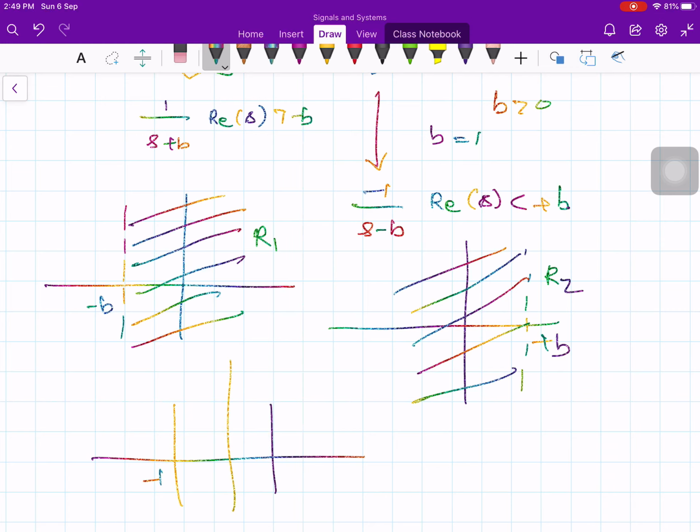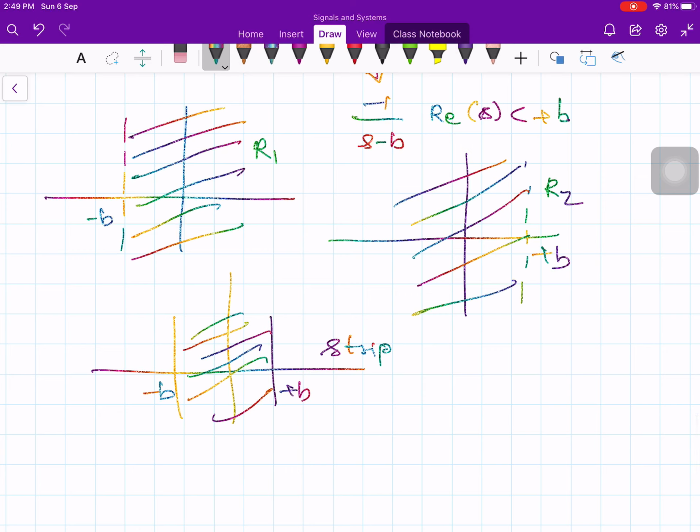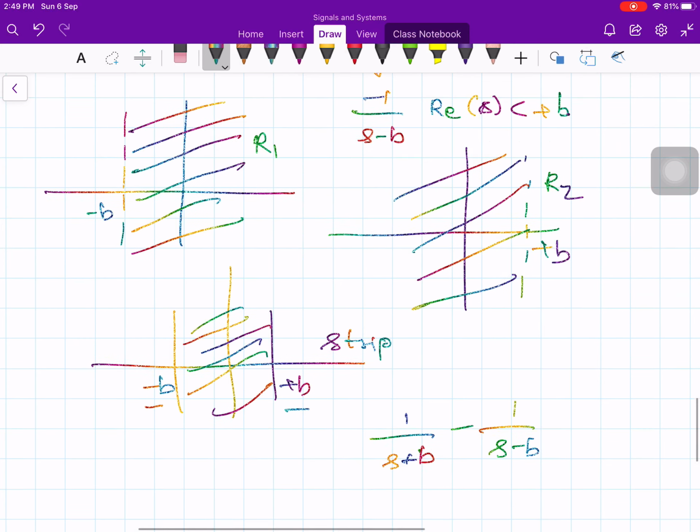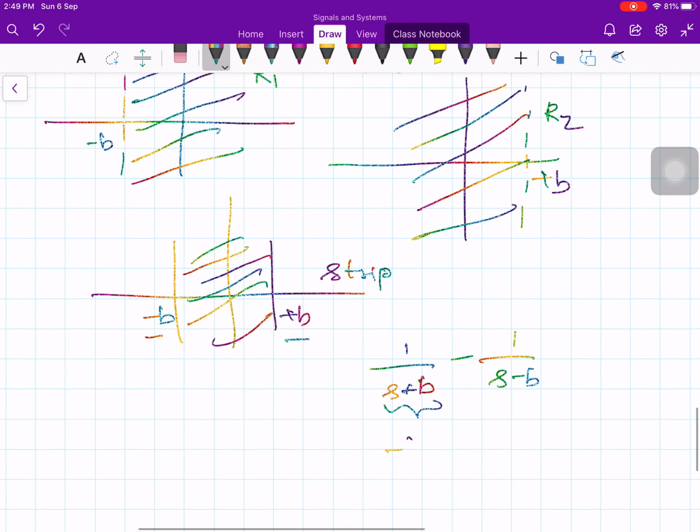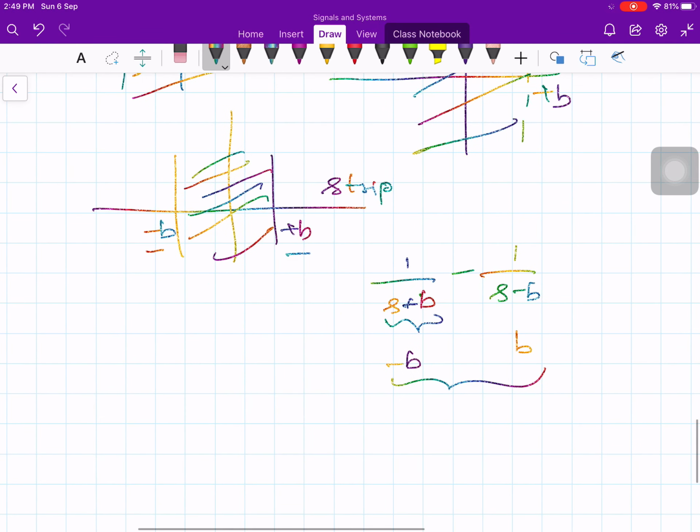Your region of convergence is a strip now, and the strip is bounded by the two poles. One is minus b and another one is plus b. That is 1 divided by s plus b minus 1 divided by s minus b. What are the poles? The first pole is minus b and the second pole is plus b. So your ROC is bounded by poles.